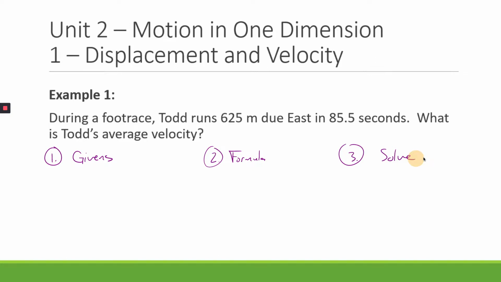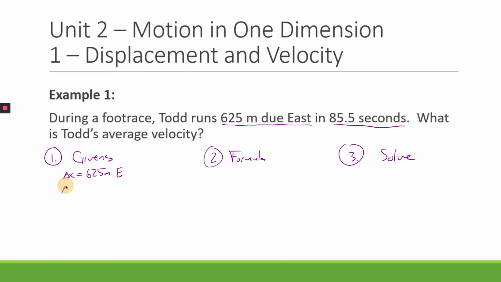Okay? So what are our givens in this problem? It's important to be able to read a word problem and pull out the given information. So we have 625 meters due east. What is that? That is our displacement. Now we have 85.5 seconds.